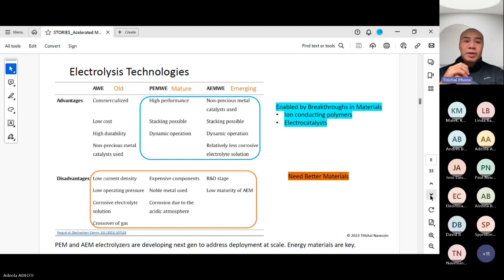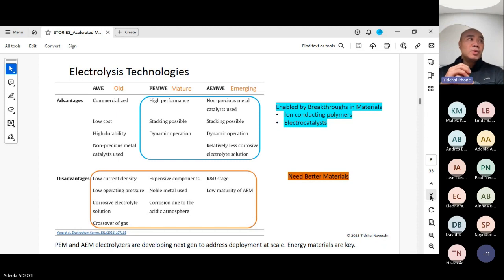It's old and bulky materials, but it's fairly reliable, with low performance, low current density, and low operating pressure. That's the drawback. So the footprint is very large. The return on investment on these types of technologies is not that great yet.